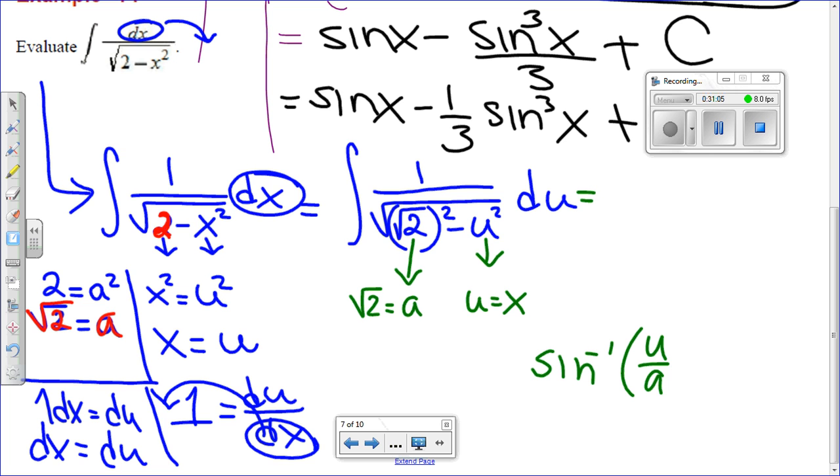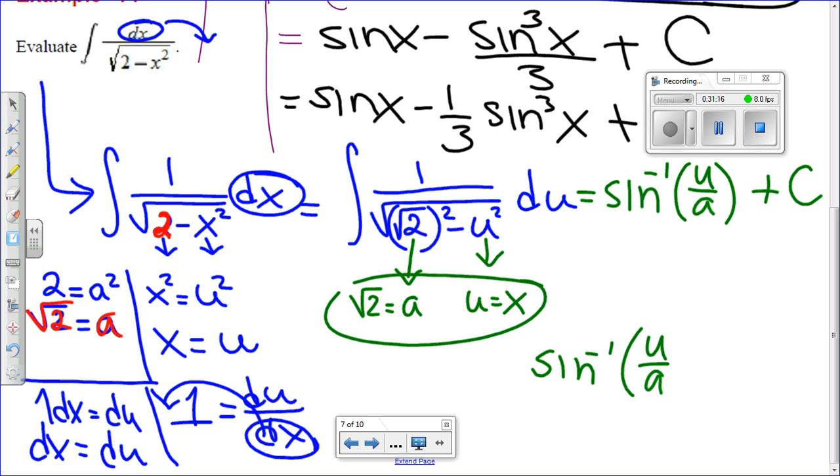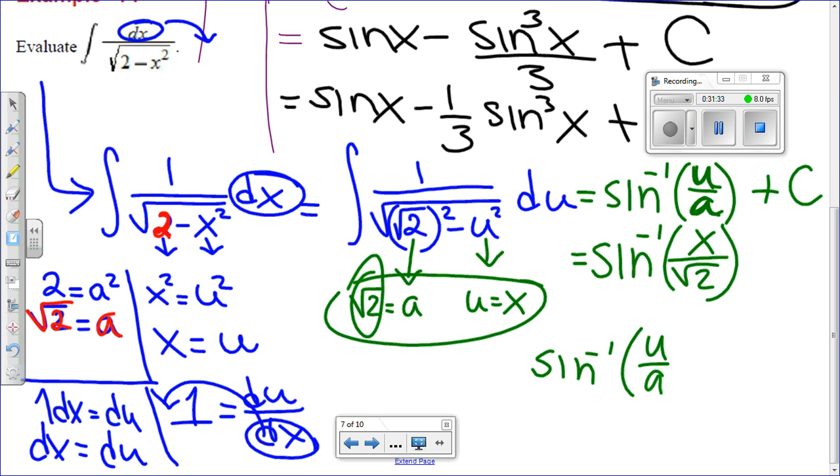So let's write that here, sine inverse of u over a, plus c. Now we go back to what we substituted u and a to be, so that will be sine inverse of x, instead of u we write x, and instead of a we substitute the square root of 2, plus c. And that's it. That's the answer for it.